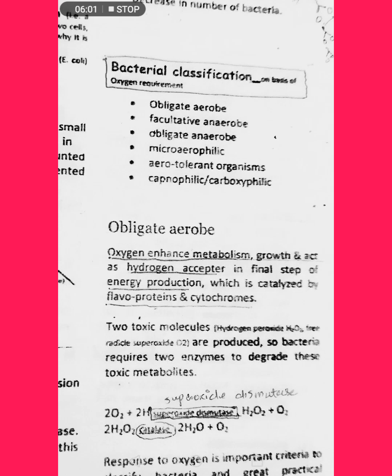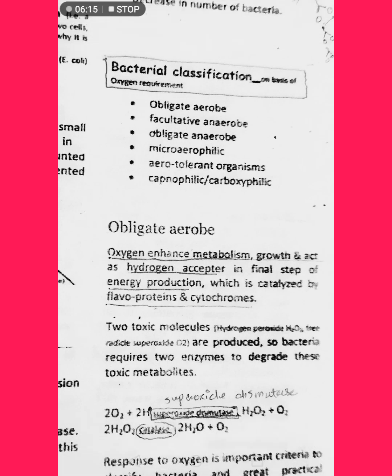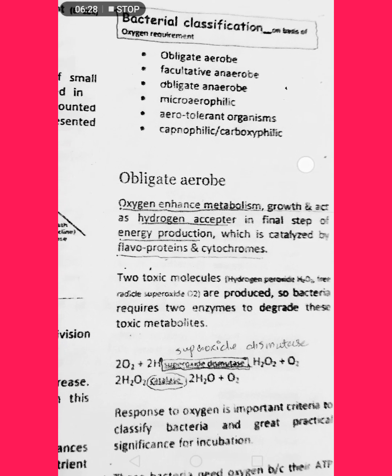The third one is obligate anaerobes. The fourth one is microaerophilic, the fifth one is aerotolerant organisms, and the sixth one is capnophilic or carboxyphilic. So these are the six types of bacteria classified on the basis of oxygen requirement.